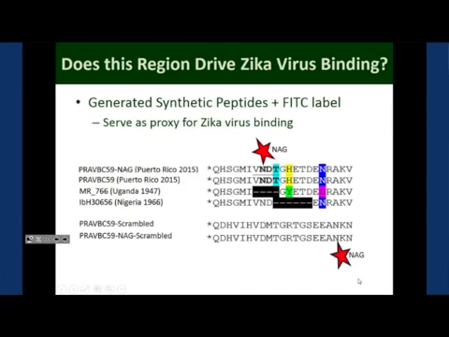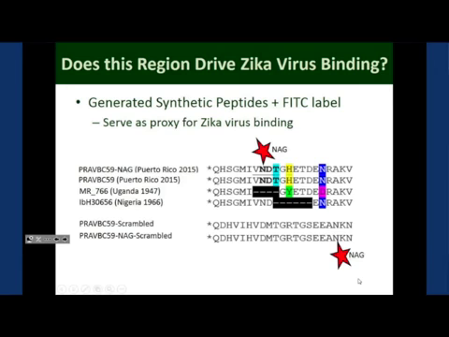So the first thing we did was we made this strain right here, which is from Puerto Rico in 2015, and we put an N-acetylglucosamine onto asparagine 154. That's the sugar that's predicted to be stuck on that. So we synthesized that and stuck one on. The only thing different about this from how it naturally occurs is that this has a fluor on the end.